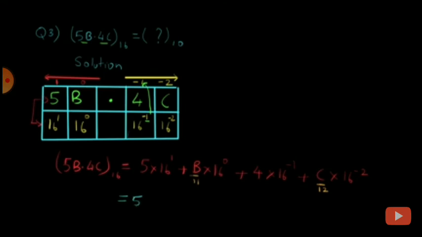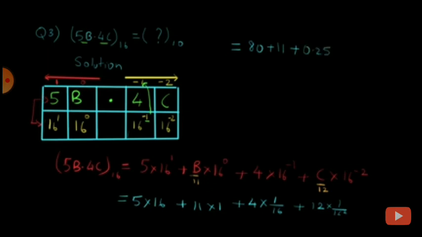So further solving the sum, we have 5 into 16 plus 11 into 1 plus 4 into 16 raised to -1, that is 1 by 16, plus 12 into 1 upon 16 squared, which is equal to 80 plus 11 plus 0.25 plus 0.0625.